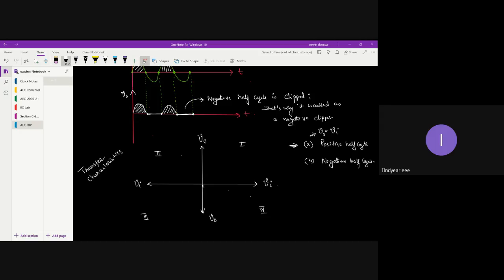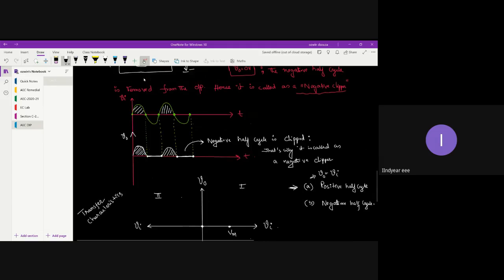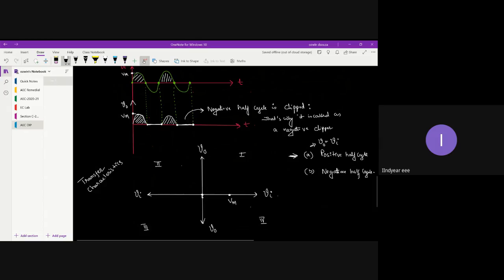That means when your input is 0, output will also be 0. When your input reaches the maximum value, Vm, the output will also reach its maximum value, Vm. So basically, you will get a straight line. This is your transfer characteristics for the positive half cycle.